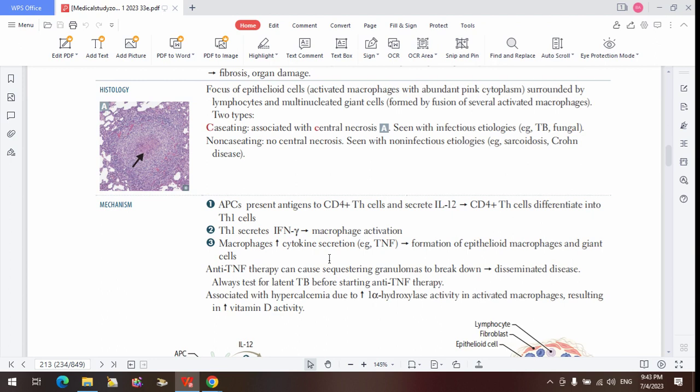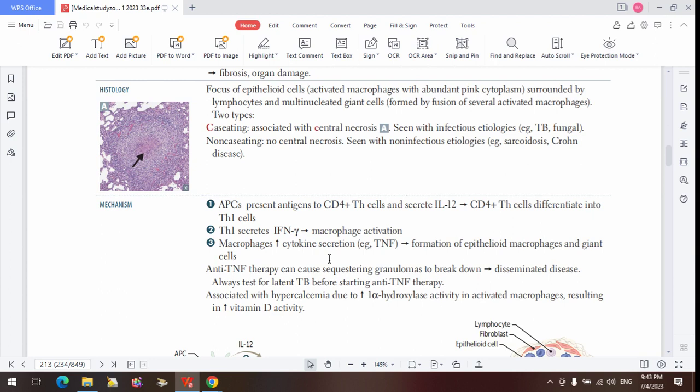Interleukin 12 is going to act on the naive T cells in that lymph node and make them go to TH1. Once TH1 cells are formed, they will release gamma interferon. The purpose of gamma interferon is to activate the macrophages again.